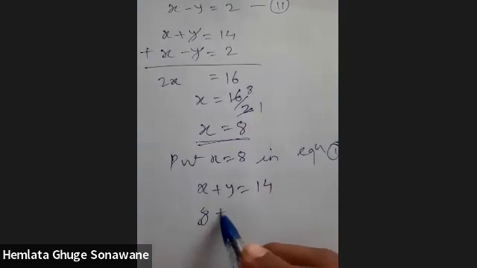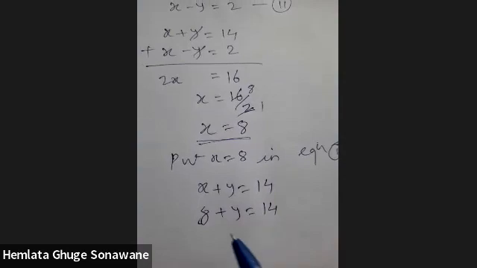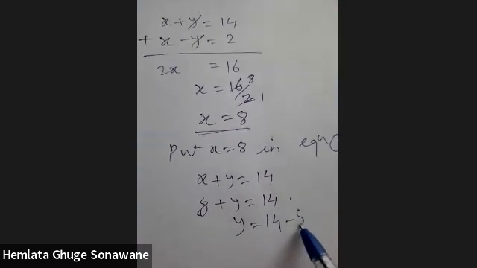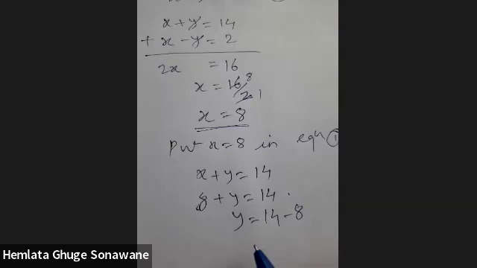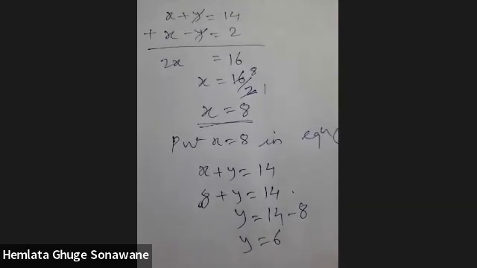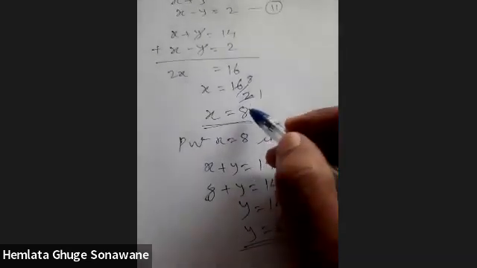That is 8 plus y is equal to 14. Okay, this plus 8 is subtracted towards the right-hand side. So y is equal to 14 minus 8. y is equal to 14 minus 8 is 6. We have got the values of x and y as 8 and 6.